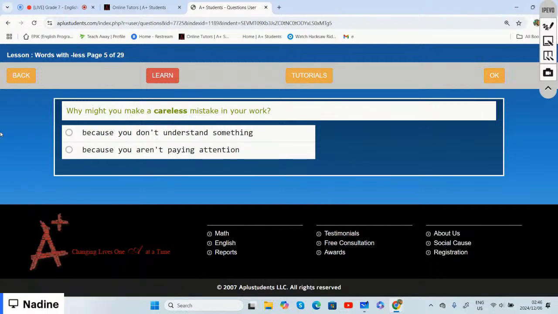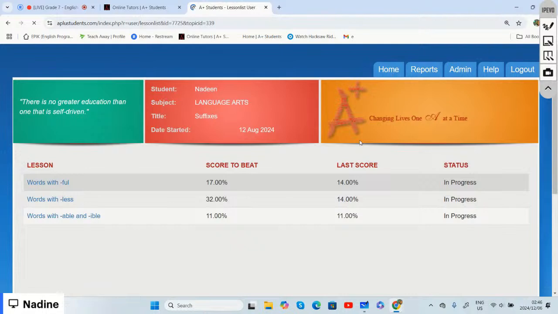All right. So this is now the end of our lesson on suffixes. We focus on words with full and words with less. A suffix is a word that we add to or at the end of a base word. A base word is a word that can stand on its own. Once we add the suffix to the base word, it changes the meaning of that word, or it basically creates a new word.